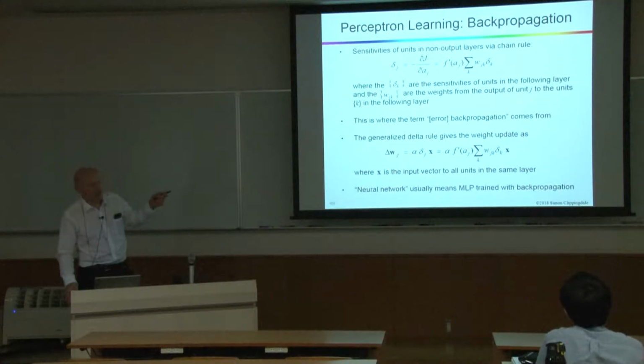Again, a_j is the activation of that unit. This thing is the derivative of the jth unit's nonlinearity at the activation value, and this is a weighted sum of the sensitivities of the units in the following layer, the layer nearest to the output.